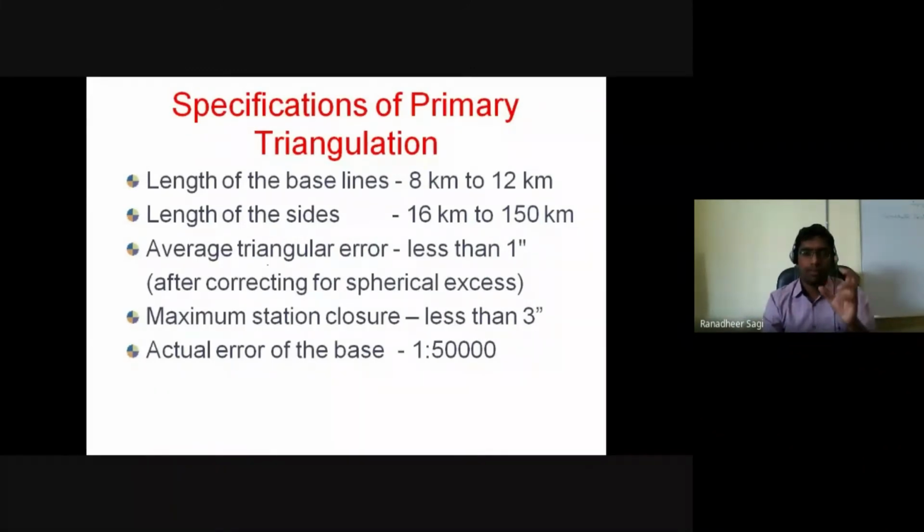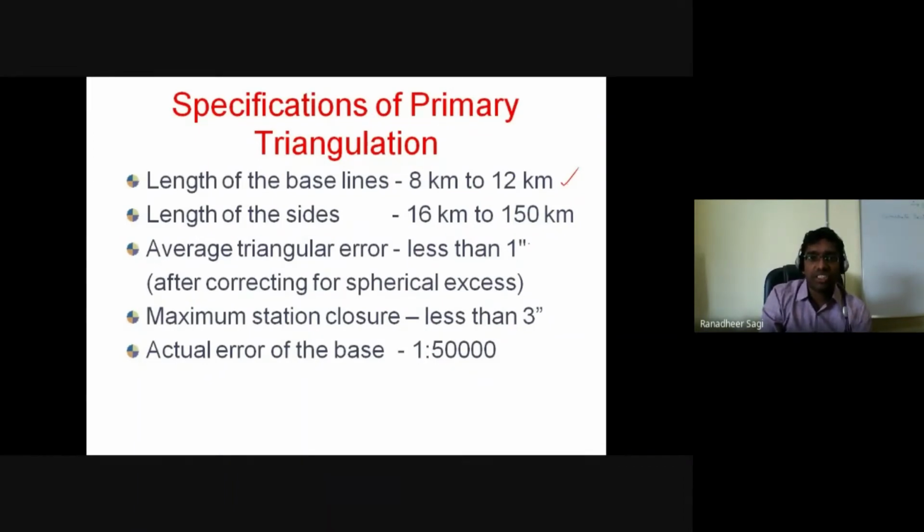He said, generally the lengths of the sides of your triangulation network would vary somewhere between 16 kilometers to 150 kilometers. And the length of the baseline with which you are getting started would vary approximately between 8 kilometers to 12 kilometers. So with that baseline, you go on to compute the other lengths of the sides of that triangulation network.